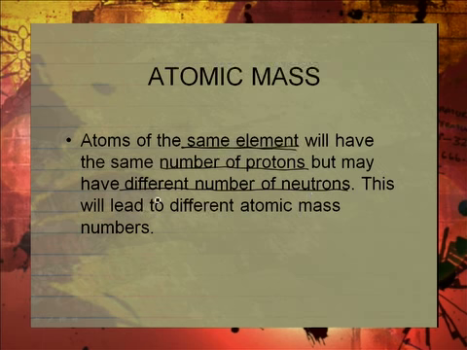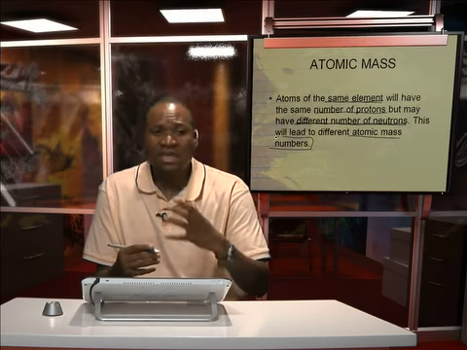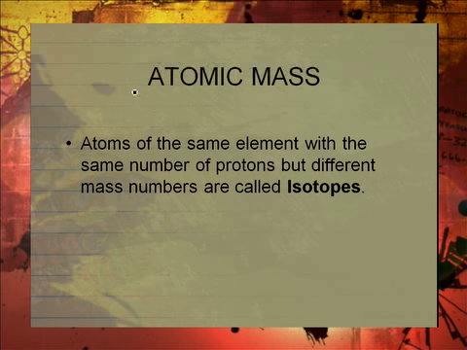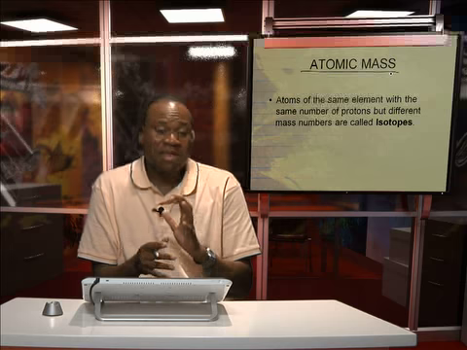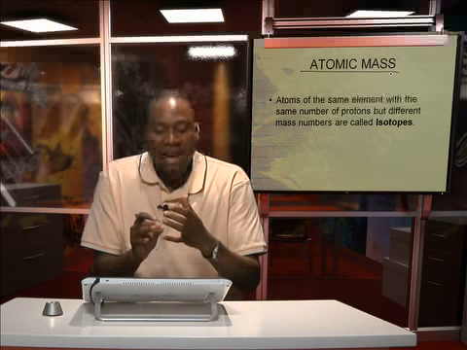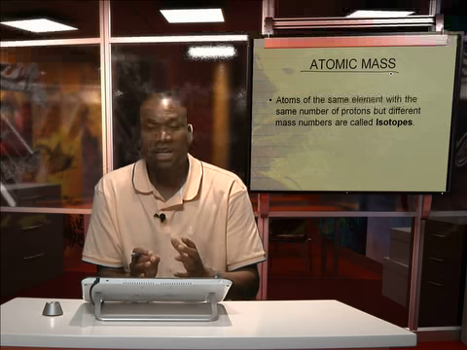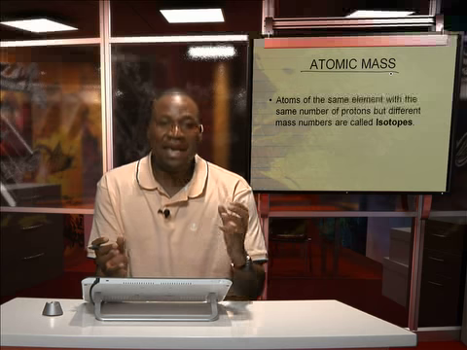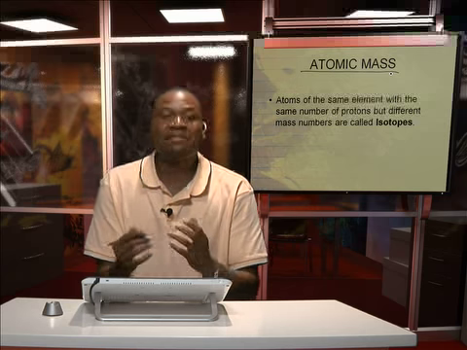So if the number of neutrons can be different for the same type of atoms, then the atomic masses may be different for atoms of the same element.